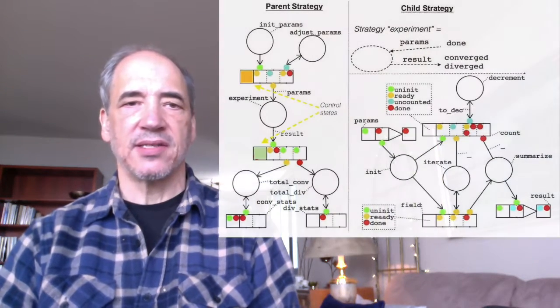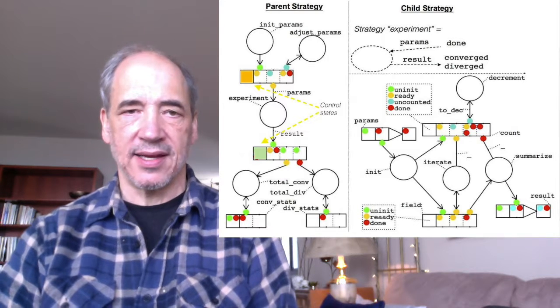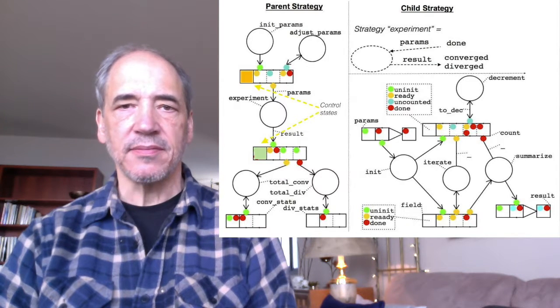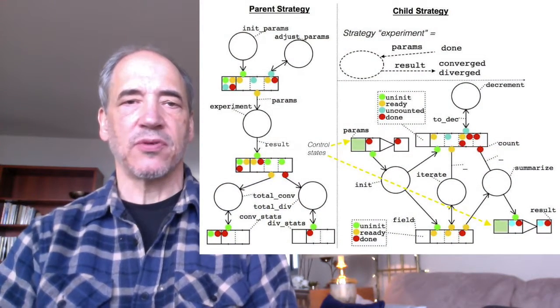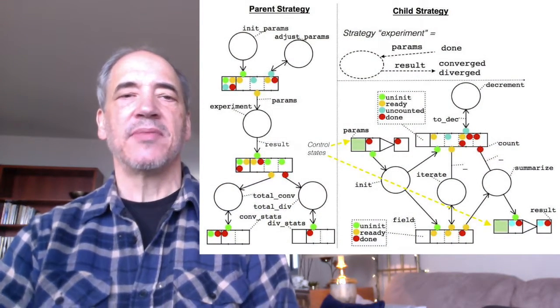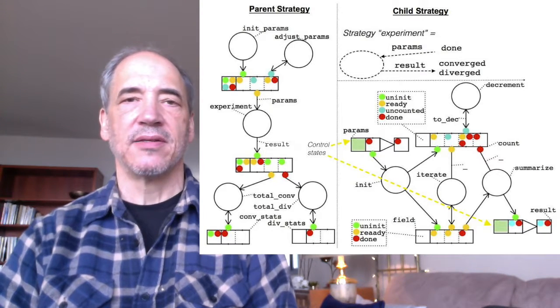But how does the control state work? Well, under proper circumstances, when the role binding in the parent is ready, in other words, matches one of the access dots on that role binding for that resource, the control state is stolen from the actual resource in the parent to become the initial green control state of the formal in the child.